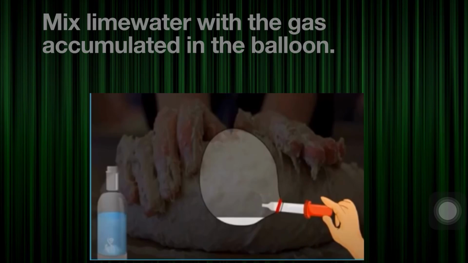Now mix lime water with the gas that has accumulated in the balloon. Collect that lime water in a beaker and observe it. You will notice a white colored precipitate.